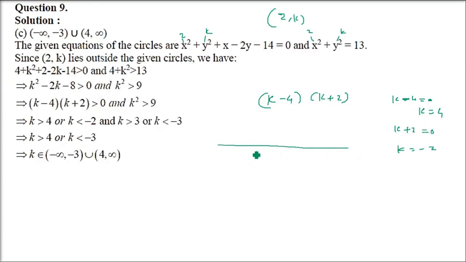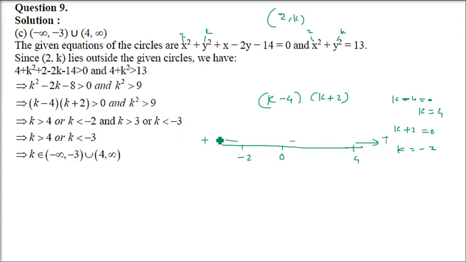So in this number line, we have 4 and minus 2. This is 0, this is 4 and this is minus 2. Since it is greater than 0, we are talking about either greater than 4 or less than minus 2.